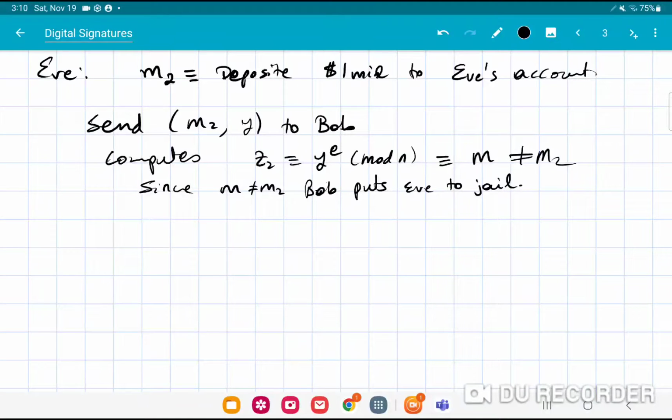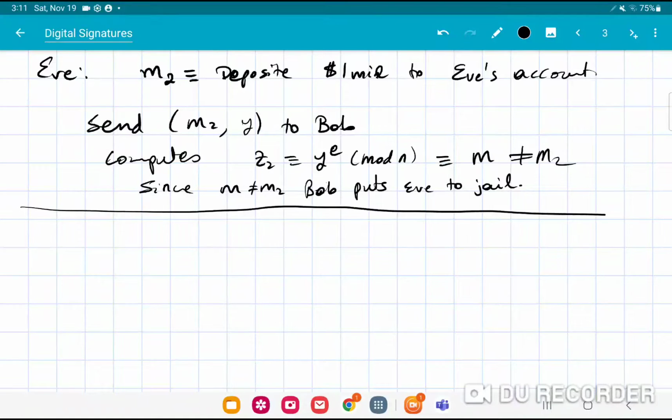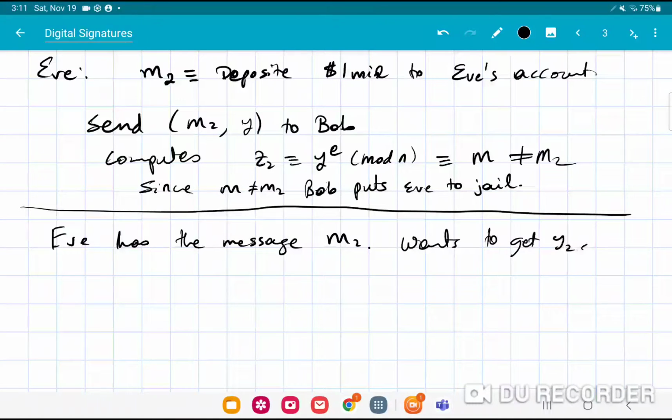Well, she doesn't deposit the money. Now, suppose she wants to forge Alice's signature a different way. Suppose she has the message M2 and wants to get Y2 such that Y2 to the power of E is equal to M2.